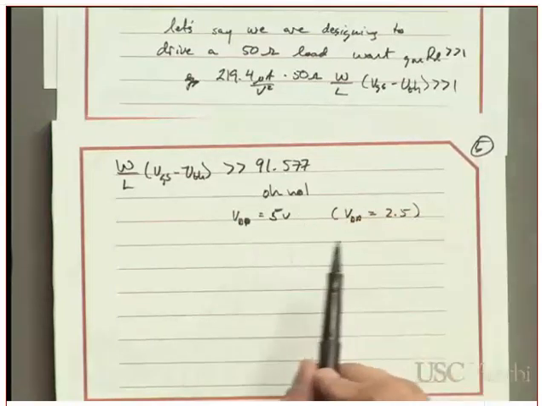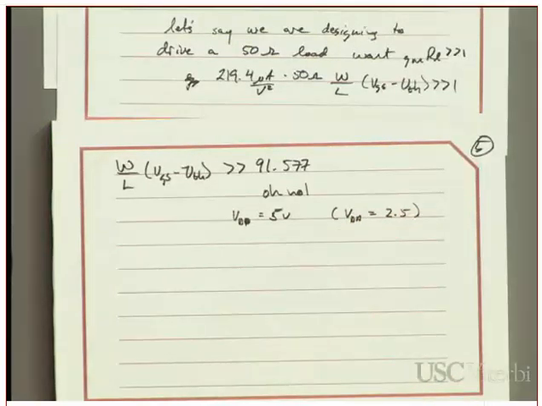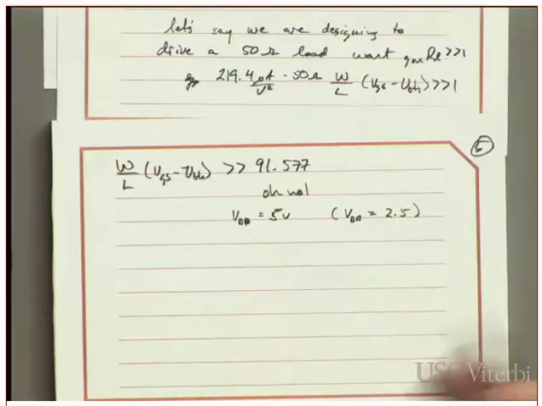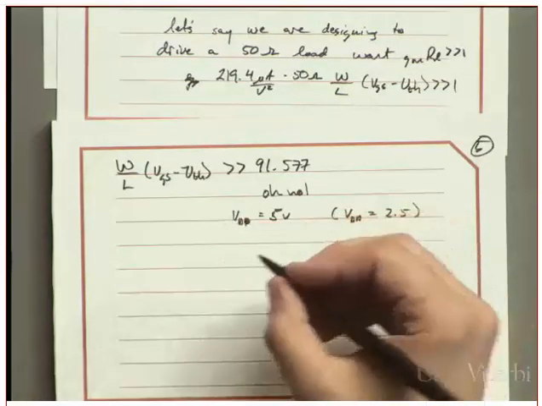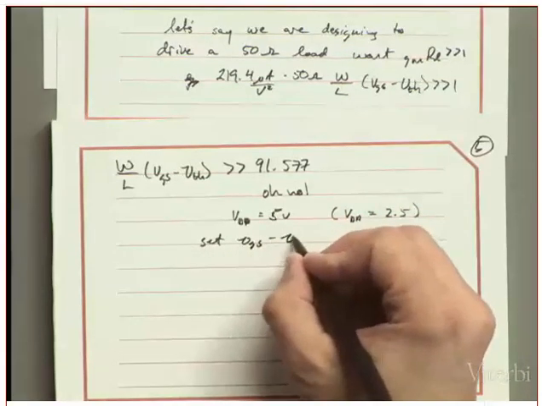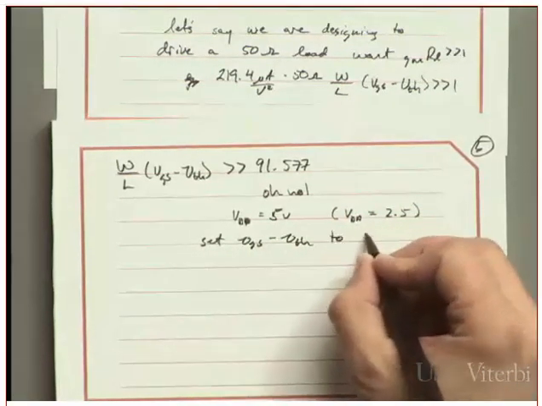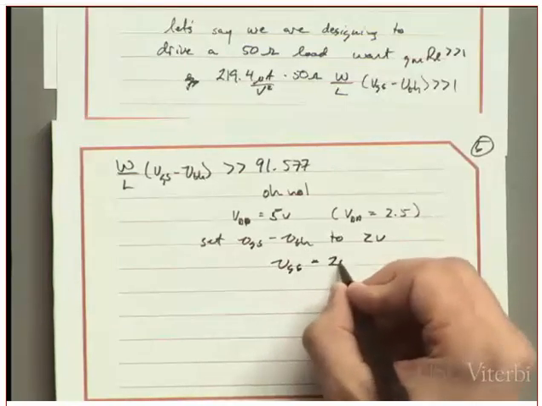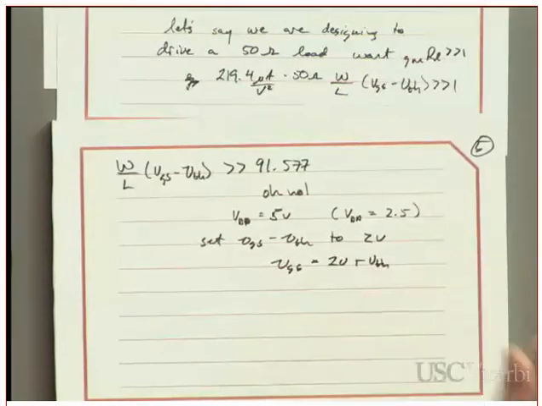And in both these cases, VTH is going to be about 0.7 of a volt. So if I were going to look at this case, what I'm going to do would not be possible and I'd have to reconsider. But basically, I'm going to set VGS minus VTH to 2 volts. In other words, VGS equals 2 volts plus VTH. So that's where I'm going to go.